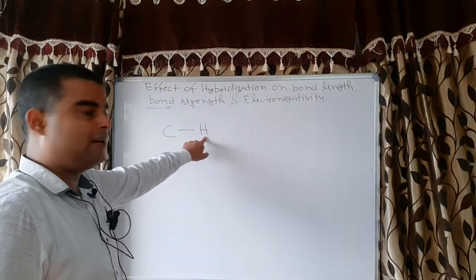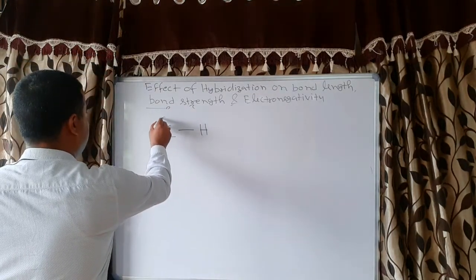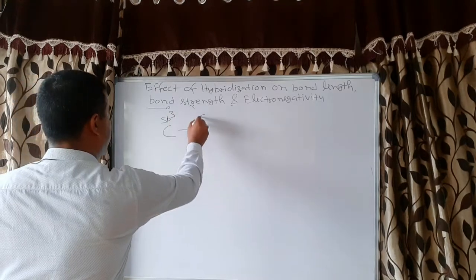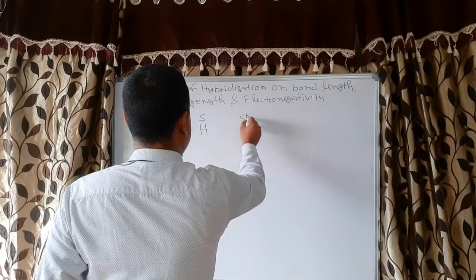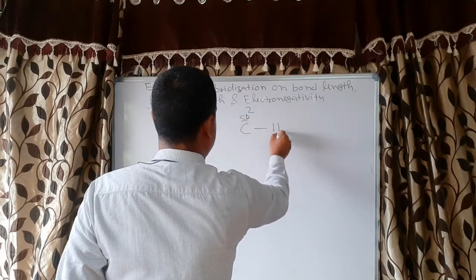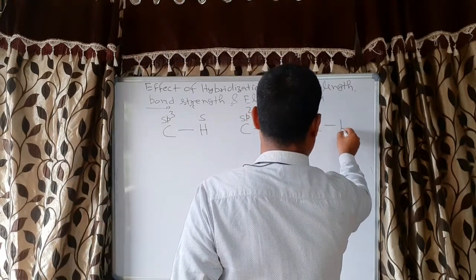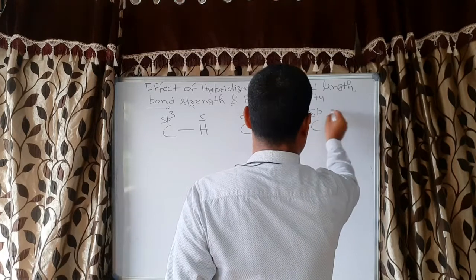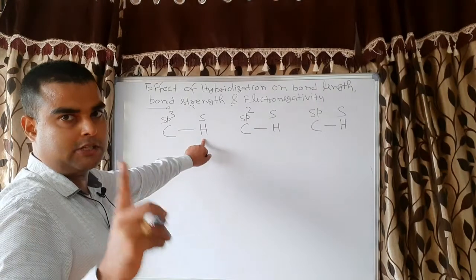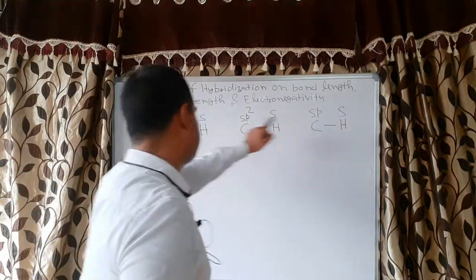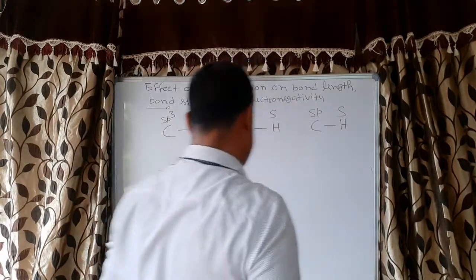But hydrogen is having only one s orbital, correct? It means it can be between sp3 and s, correct or not? Or sp2 and this hydrogen s, and the third possibility is sp and s, correct? Because hydrogen is having only s orbital, because one electron, so it is s.